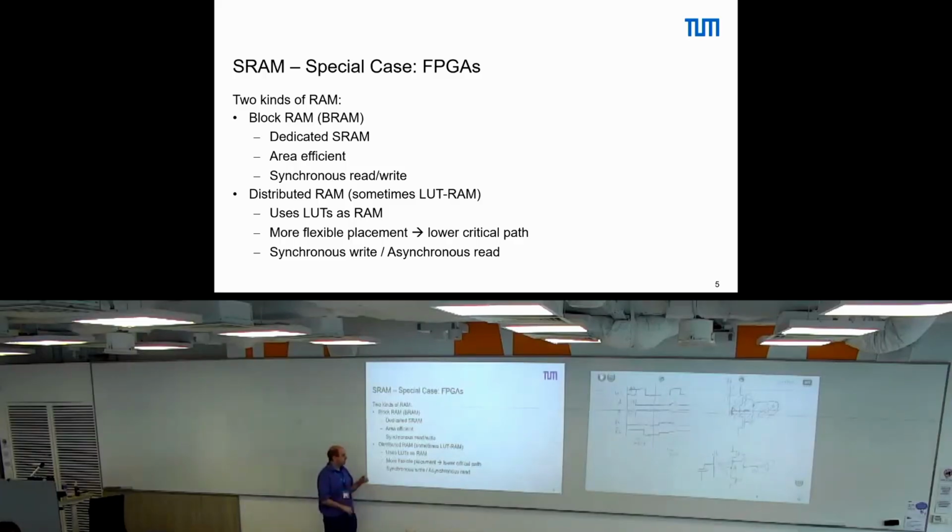The second thing is, in the way it's implemented in current FPGAs, it is still a synchronous write, so you write with a rising edge, but you can have an asynchronous read. Meaning that as soon as the write operation is done, the result propagates to the output without any clock cycle in between.